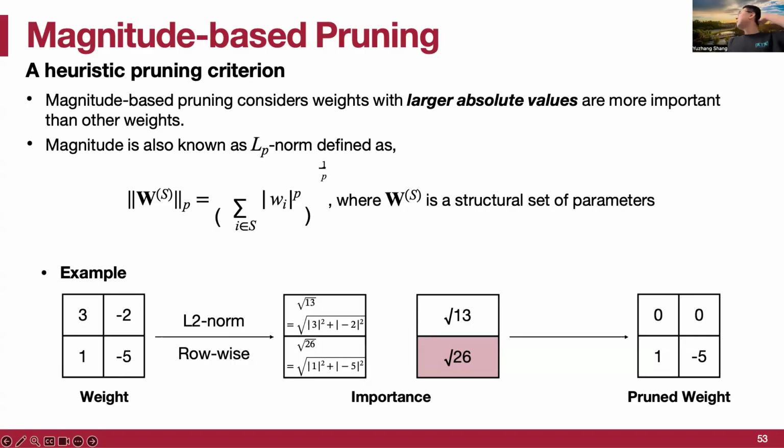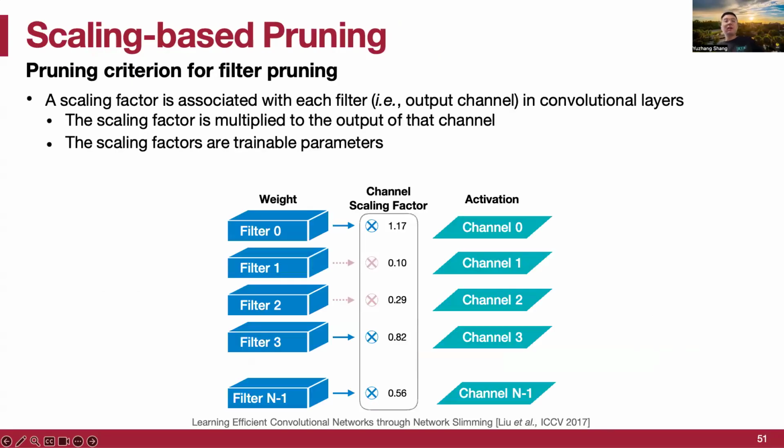Besides the magnitude-based method, we also have another paradigm for pruning, the scaling-based pruning method. Basically, it's a pruning criterion for filter pruning, specifically for convolutional neural networks.